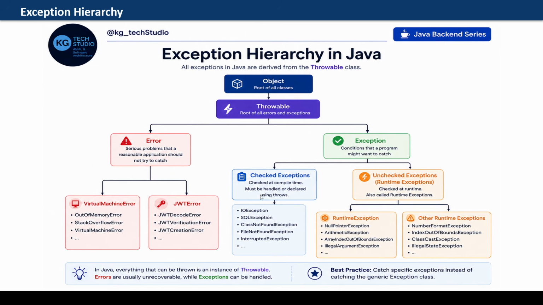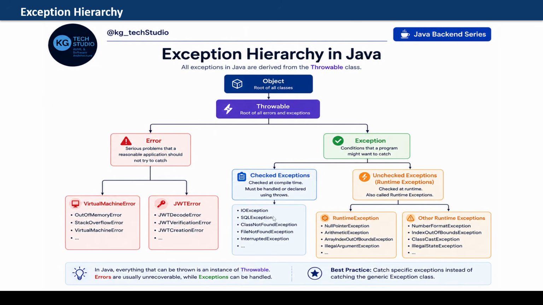Instead of writing a custom class, Java also has other classes like IOException, SQLException, ClassNotFoundException, FileNotFoundException, InterruptedException. All those classes extend the Exception class. Which means any child of the Exception class is also treated as a checked exception, and it comes under compile time exceptions, right?